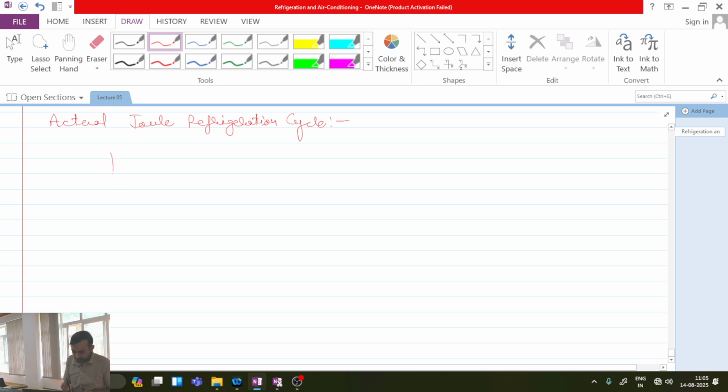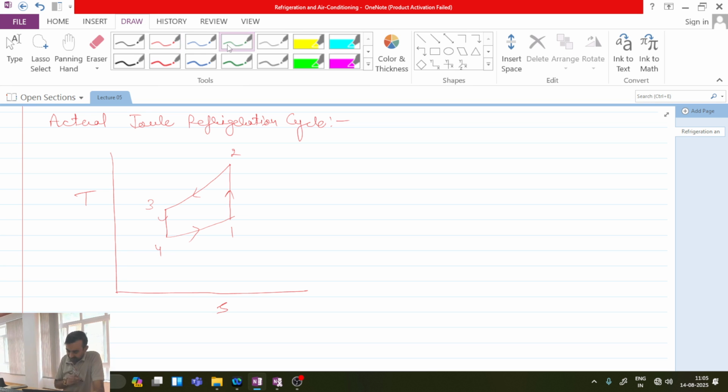and we will be having some entropy generation in different processes. Okay, so if I plot the ideal cycle on the TS diagram, the ideal cycle looks something like this: 1, 2, 3, 4, and 1. So this is the ideal cycle. Now if I start with the actual cycle, what I will find is that whenever we move from process 1 to 2, the entropy of the working fluid will not remain constant.